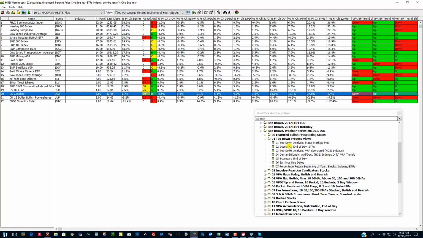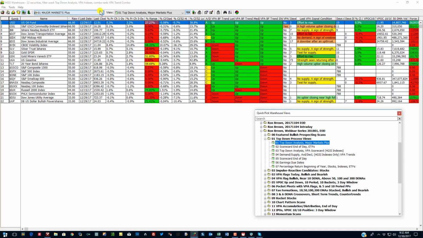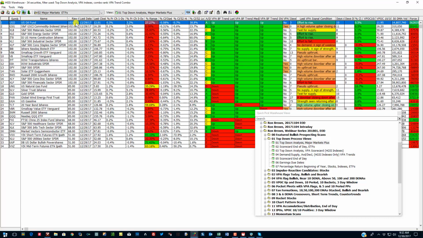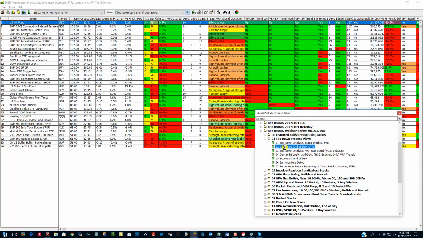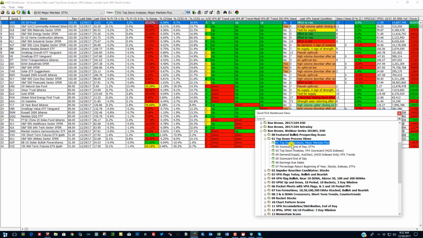I'm going to go back to my top-down view, but then I'm going to move down to my major markets plus ETF. And you can use this same view, which works very well, or I've changed a few fields for my scorecard end-of-day ETFs. Just a little different look here, but either one can be used.